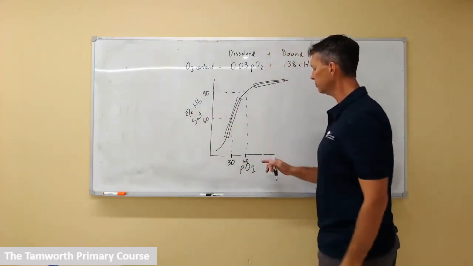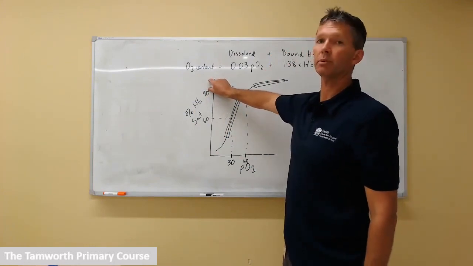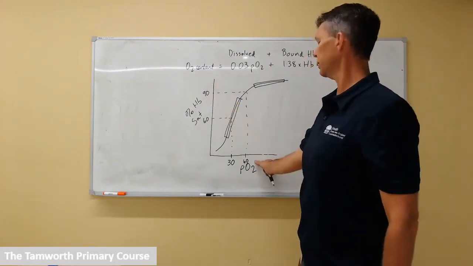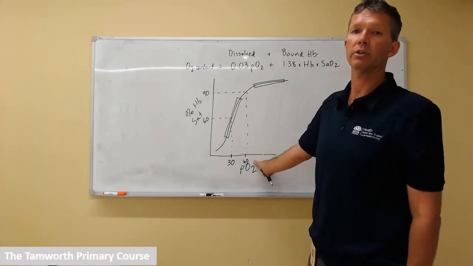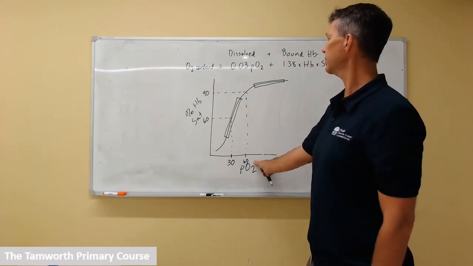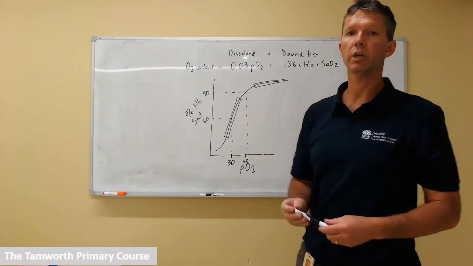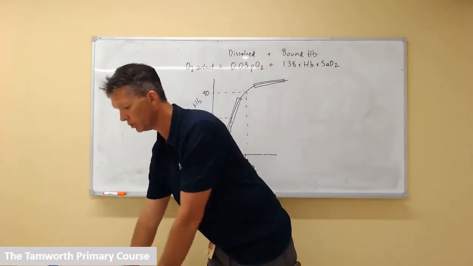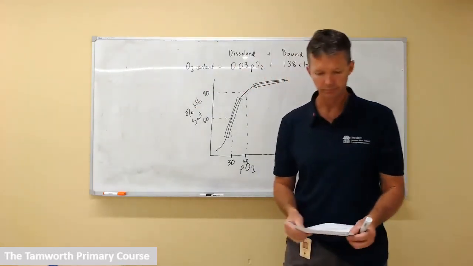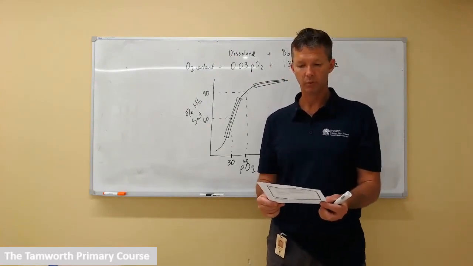It is desirable to have small changes in hemoglobin saturation in areas where there are large changes in PO2 or high PO2, such as the lung. This overall facilitates loading of oxygen onto hemoglobin and into the blood. What are the implications of this curve shape? We've already been through.